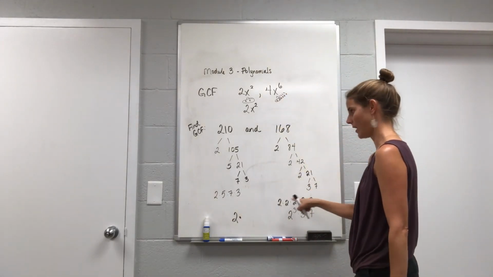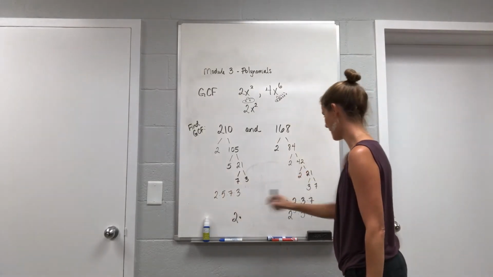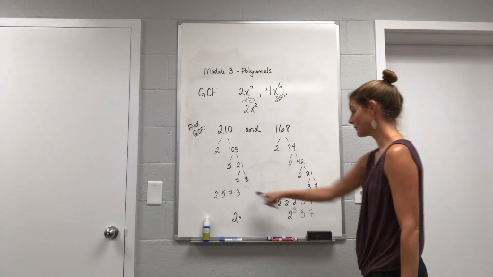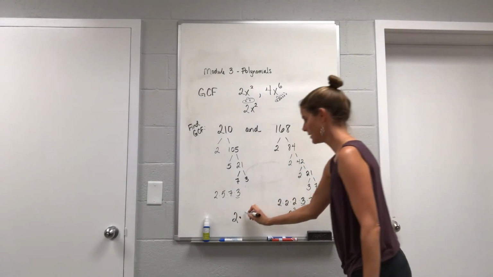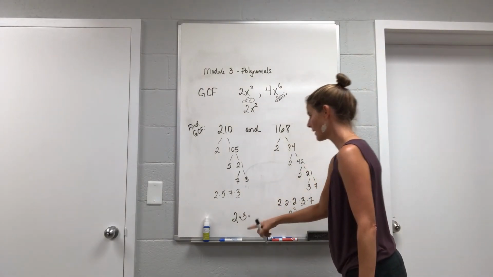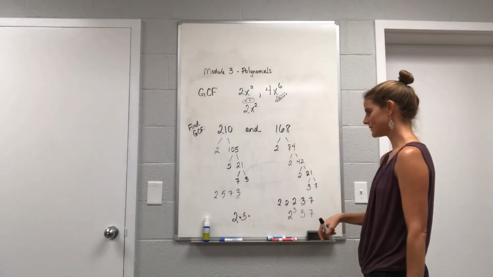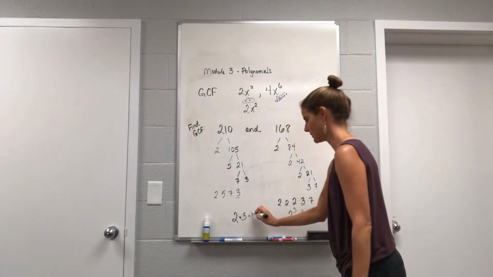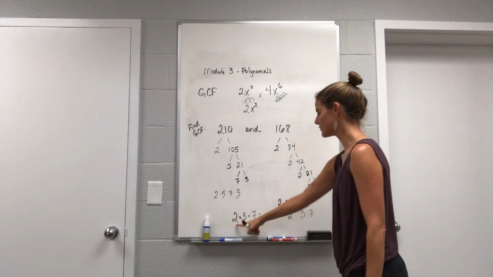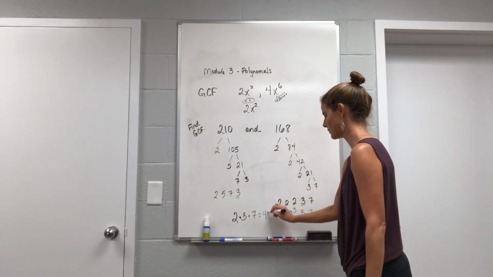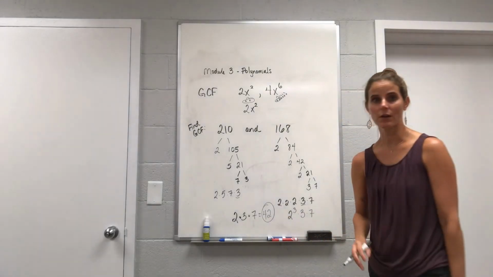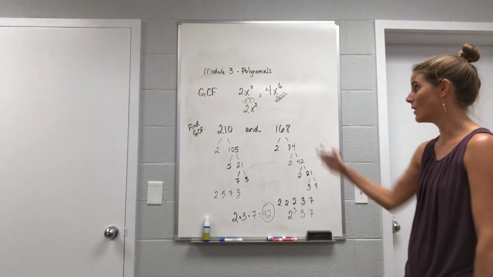I don't have a 5 in common here, so I don't want the 5. Then I have a 3. I do have a 3 there and a 3 there. Just 1 is in common. So 2 times 3. And then the only other one that I have there is a 7, and I do have one of those in common as well. So the GCF here is 2 times 3 times 7, which is 6 times 7, or 42. So your answer to that question, your GCF is 42 for those two numbers.